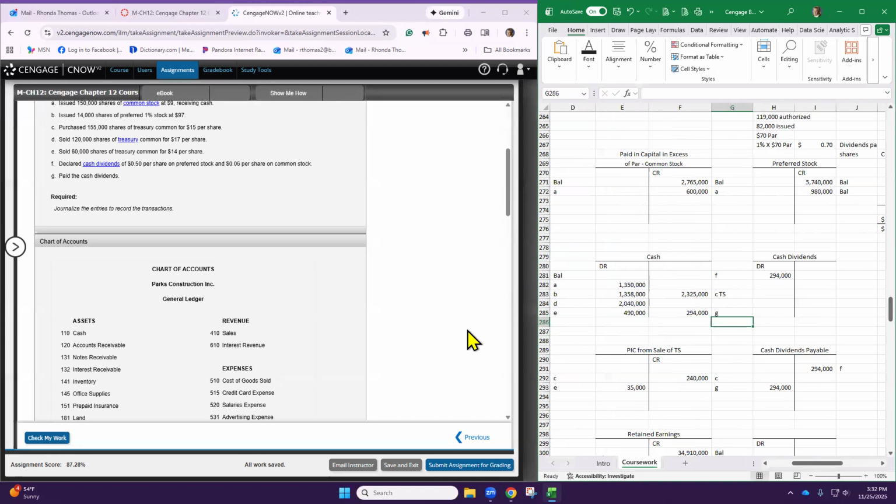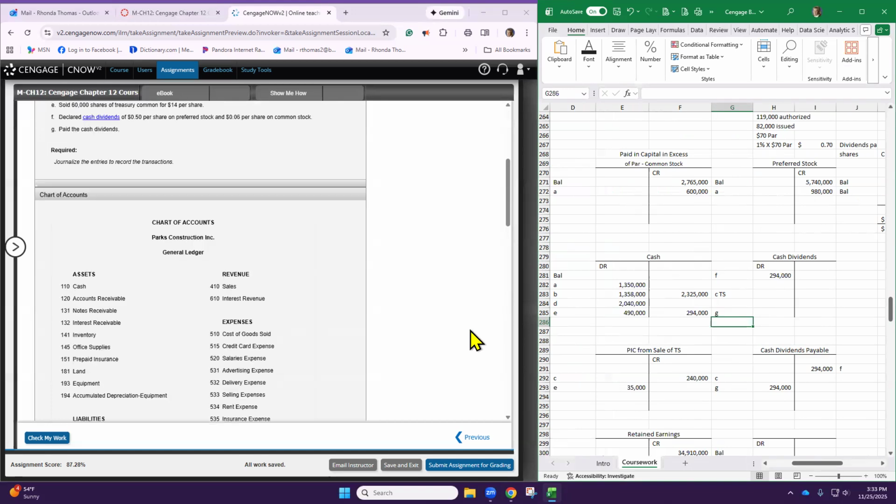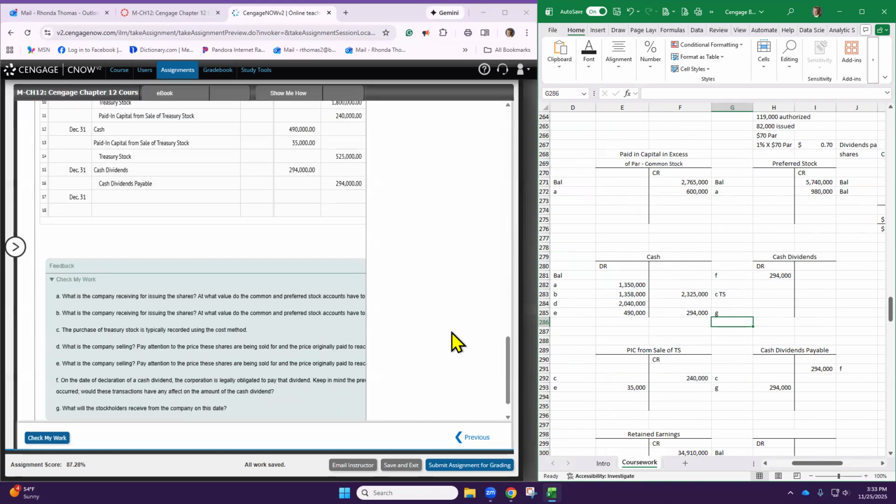Okay, so once again, we don't know for sure if this is right. We may have to change it to 70 cents, but cash dividends payable gets the debit. And then the cash goes down by that amount, by what they're saying.